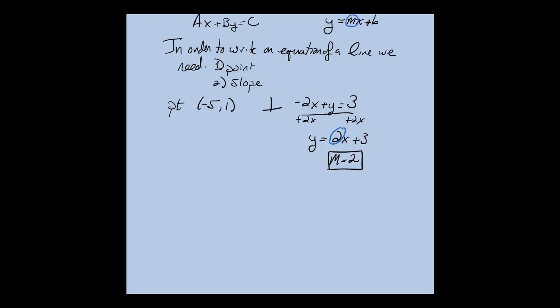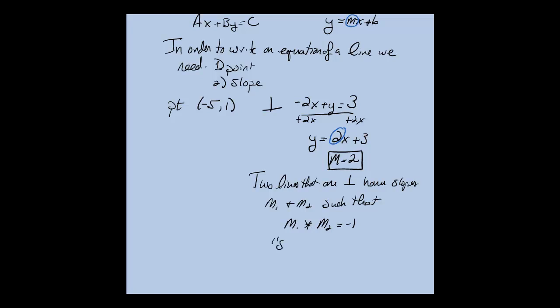However, two lines that are perpendicular have slopes m1 and m2 such that m1 times m2 equals negative 1, which really means that the slopes are opposite reciprocals.